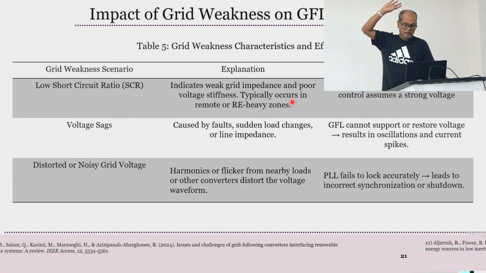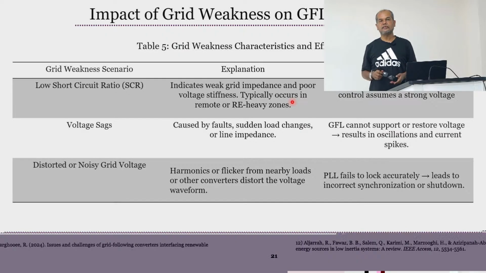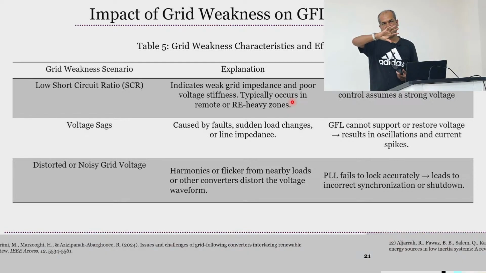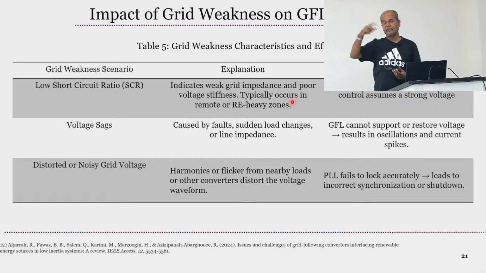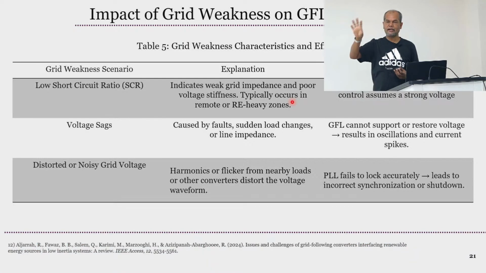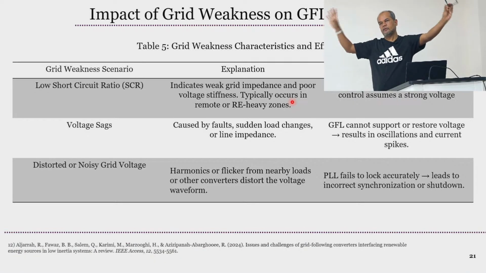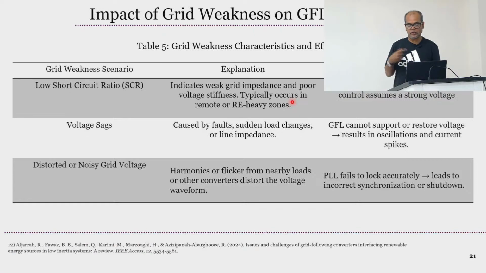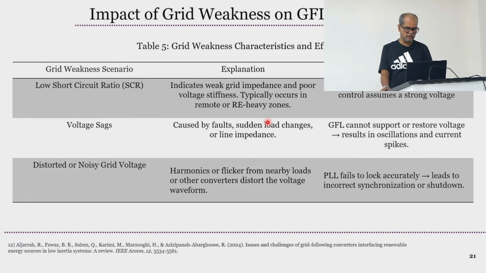In most cases, the renewable energy zones connect in remote areas, not in the CBD, right? That makes the problem complex, because the grid is already weak, and again we are integrating large scale renewables into the weak grid. That's why we need better control and also grid forming inverters.